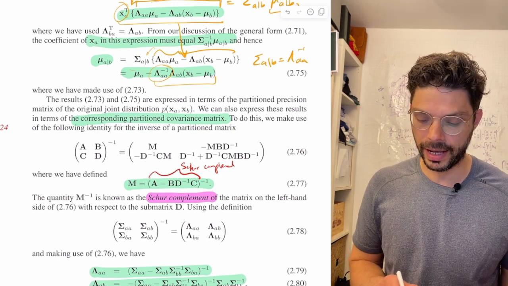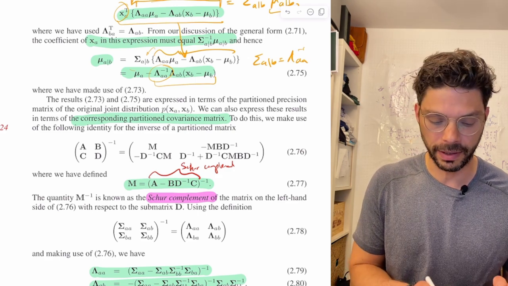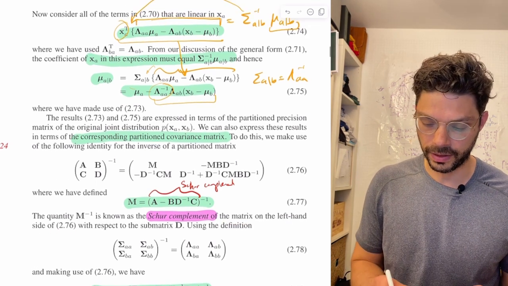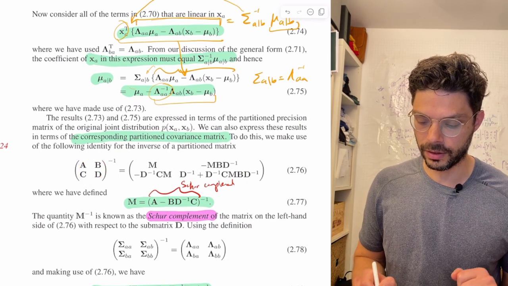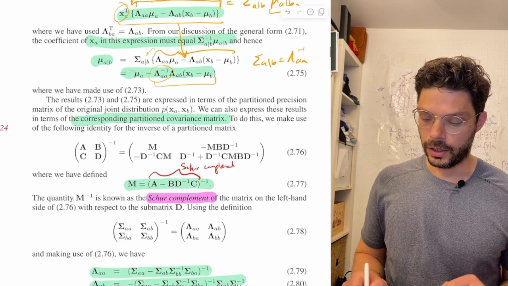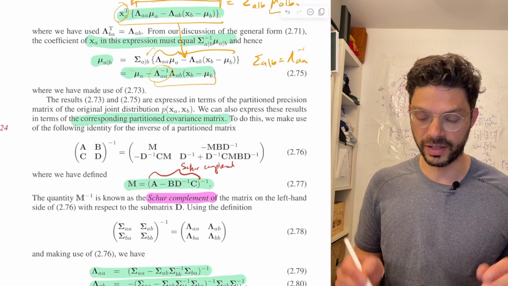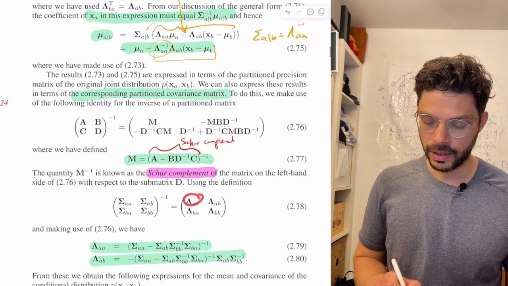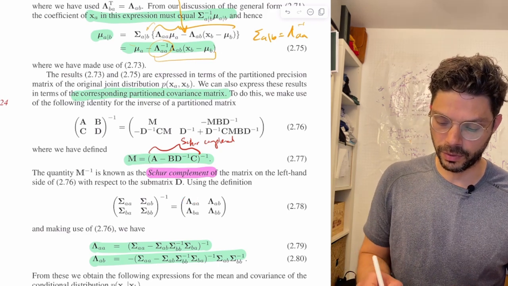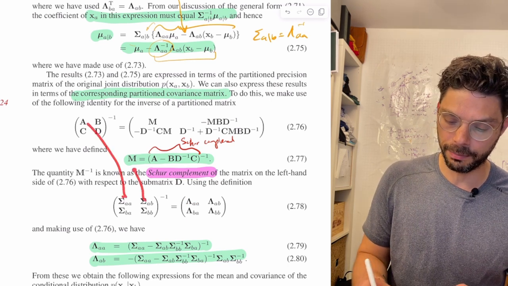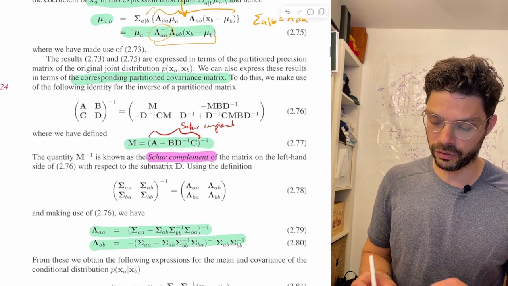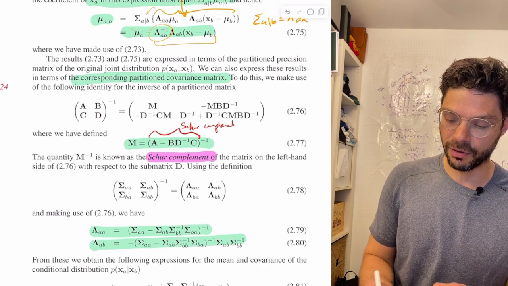Okay, so the quantity M to the -1 is known as the Schur complement of the matrix on the left-hand side of 2.76, with respect to the submatrix D. So you can do it with respect to the others as well. Using the definition of where these lambdas came from, and making use of 2.76, we see that sigma AA is going to equal the inverse of the Schur complement.